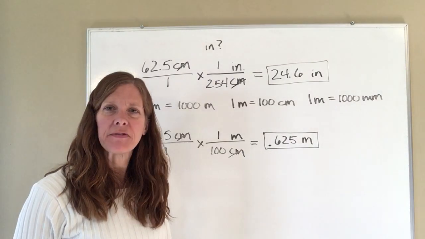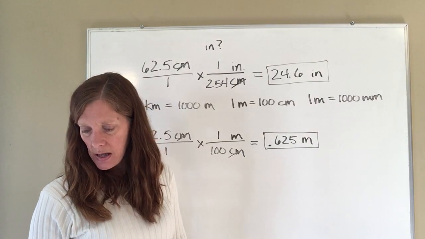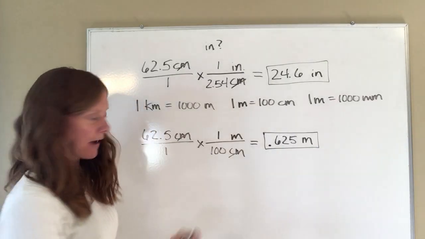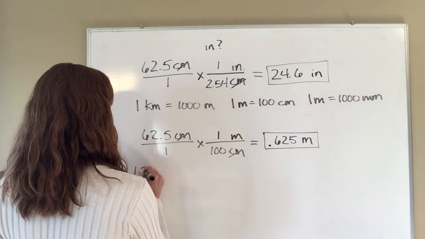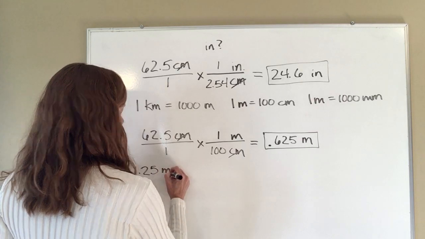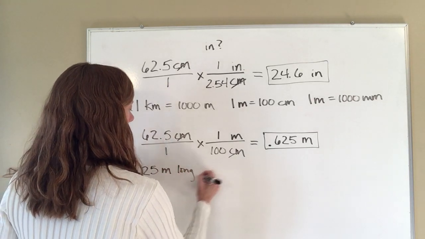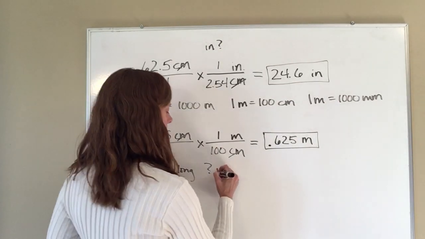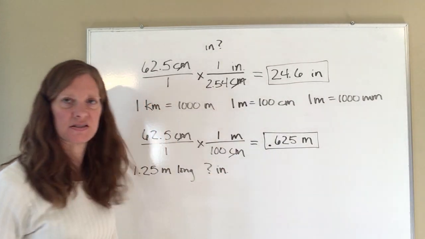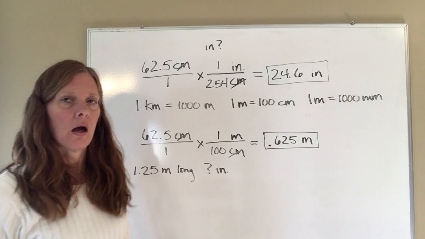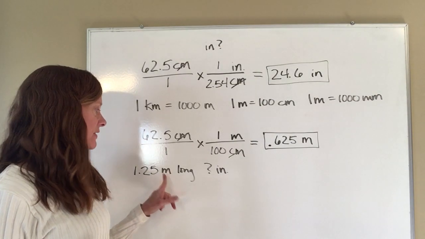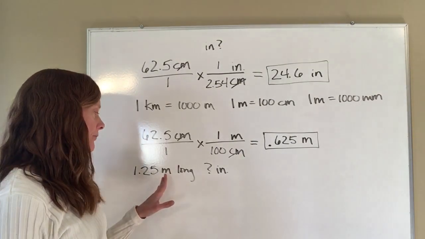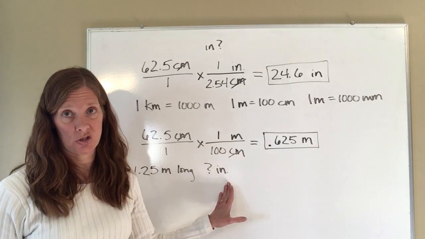Let's say that I have a multiple conversion. Let's say that I have an object that's 1.25 meters long, and what I want to know is how many inches is that? I don't know of anything that is directly going to take me from meters to inches.